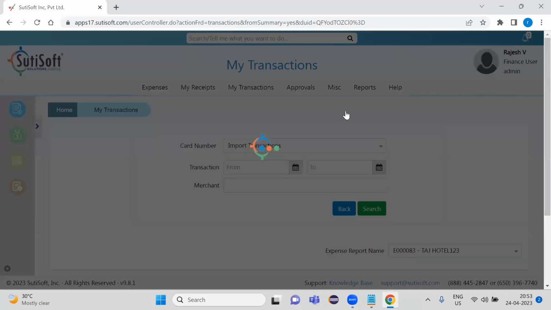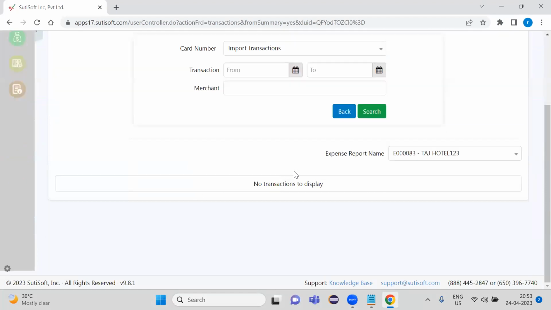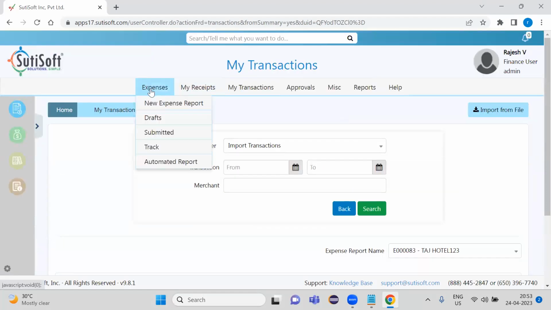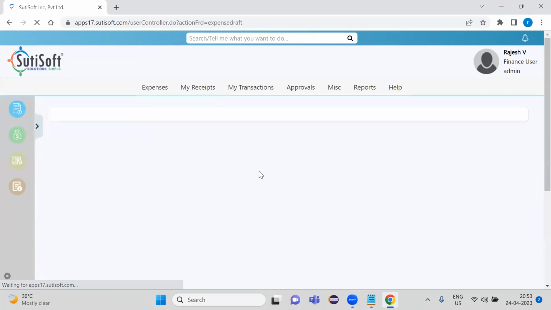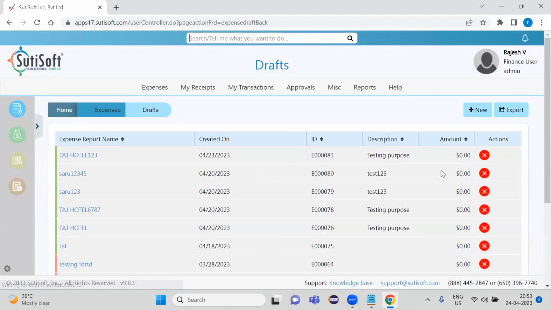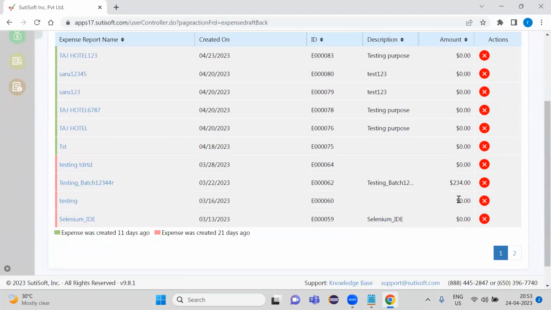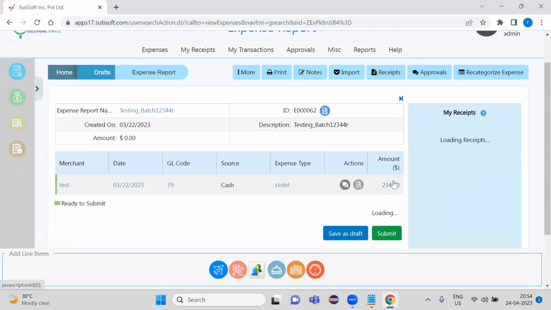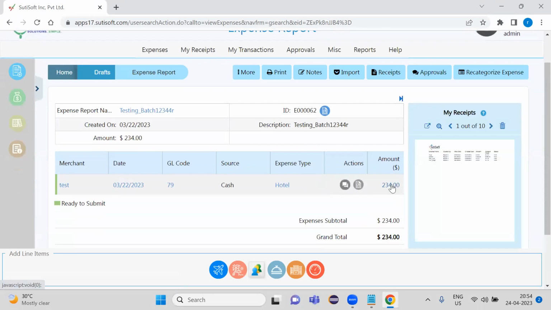Clear? Yes, sir. Suppose any transaction is there, any payment is there. See, here a payment is there. Instead of 234, in the backend they change it to 2234. How much loss? 2000.